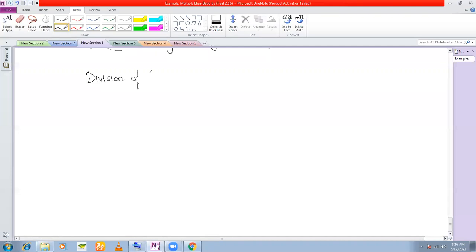Before starting with this, let me just tell you that in your last class, you have already done exponents, right? You have done this formula in exponents. a to the power of m by a to the power of n is equal to a to the power of m minus n, right?